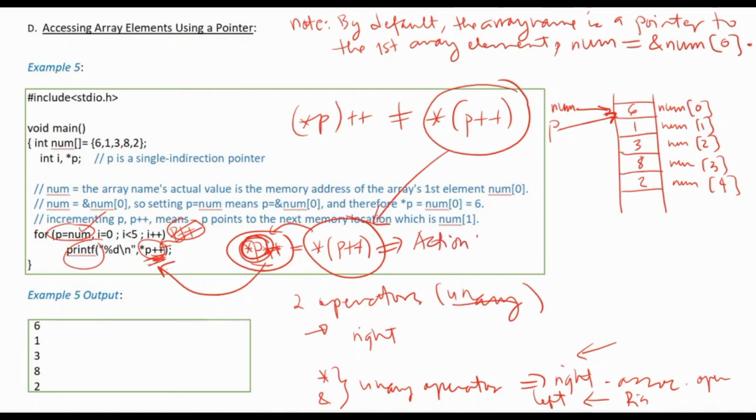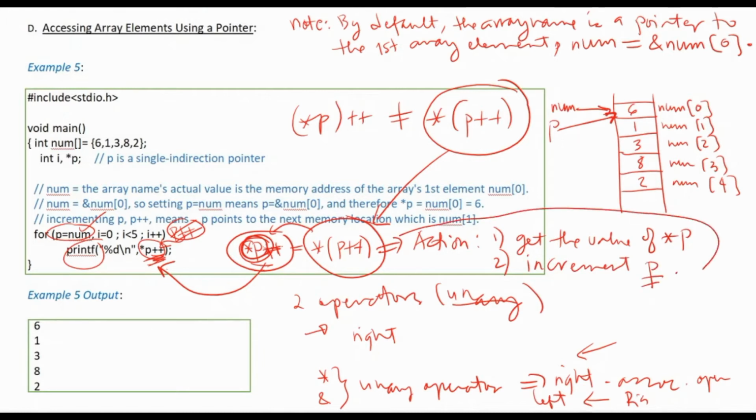So again, what is the action? First, get the value of asterisk P. Second, increment P. Again, increment P, not asterisk P. So every iteration, this is what we do when the printf is executed. On the first iteration, P is pointing on 6. So action 1 is get the value of asterisk P, and of course, that is 6.